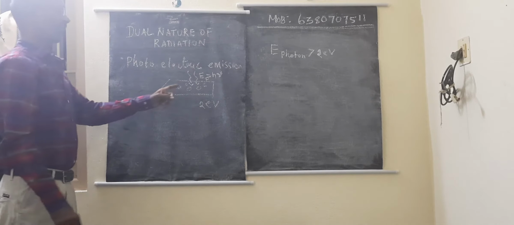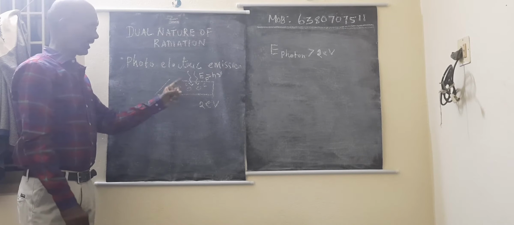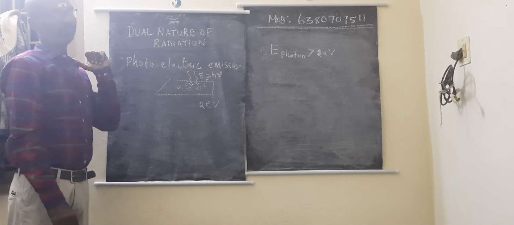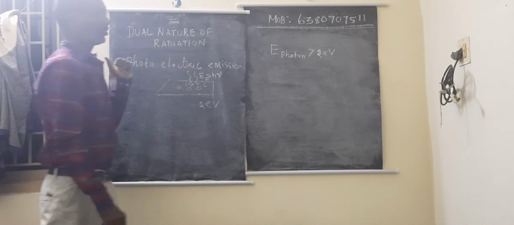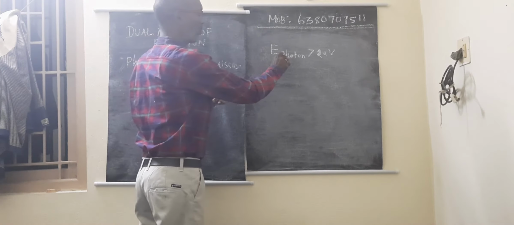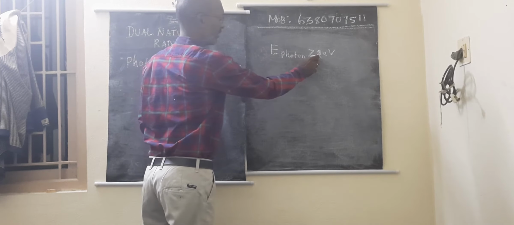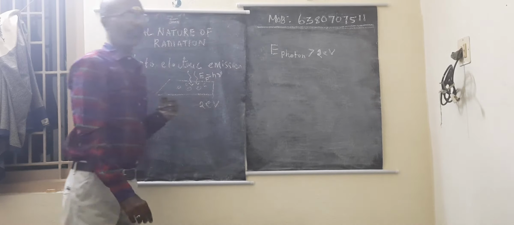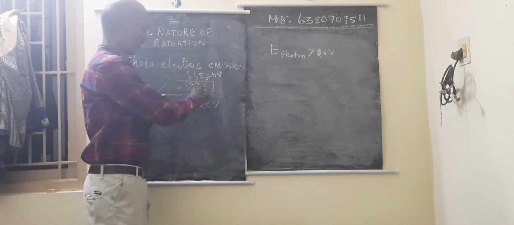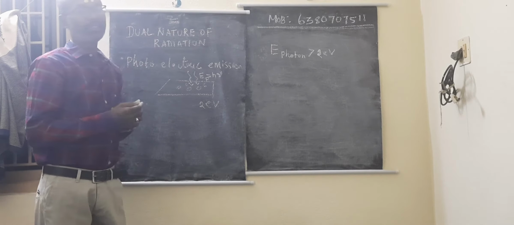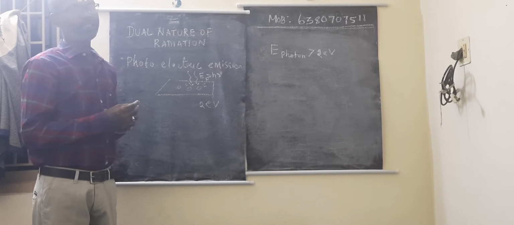Then only we can remove the outermost electron from that atom. If we supply more energy than this 2 electron volt, the electron will attain a maximum kinetic energy.